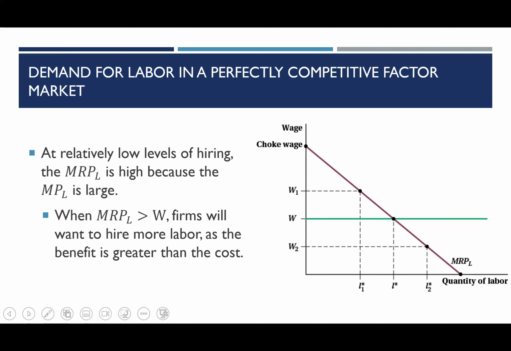If marginal revenue product exceeds the wage, if we're at this L star sub 1 point, we can see that the firm hires those workers at a wage below the benefit they provide. So the firm is going to increase the amount of workers they hire because they're leaving gains of unrealized production on the table. They're going to increase until the last worker they hire gives them a benefit equal to the cost of that worker.